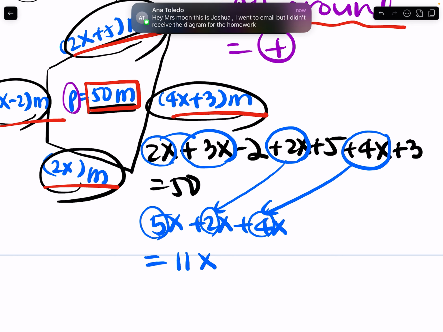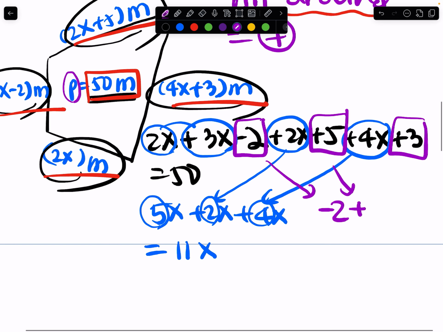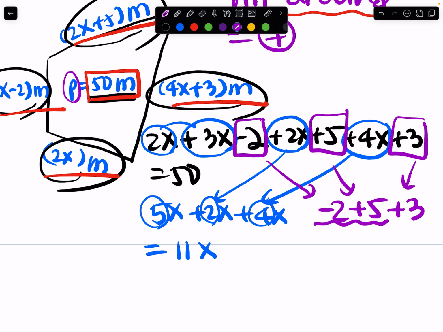Is everyone following? And then we have negative 2. We're combining like terms which are constant, right? Positive 5 and positive 3. Negative 2 plus 5 plus 3, which add to become negative 3 plus 5 gives you positive 3.